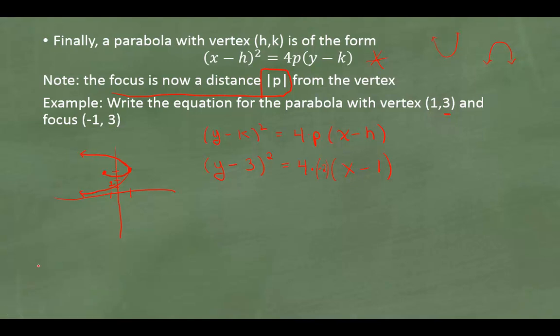Because it opens to the left. If the graph would have looked like this, we would have taken that to be +2, but it doesn't. So our equation is y minus 3 squared is equal to -8 times x minus 1, which matches up with everything that we know. The -8 tells us that the parabola opens to the left.